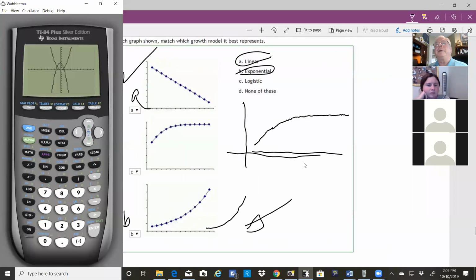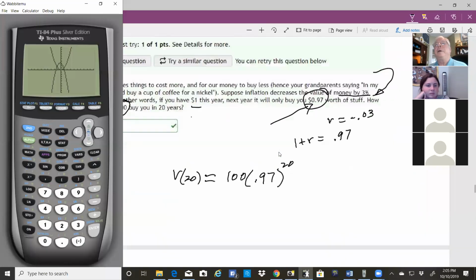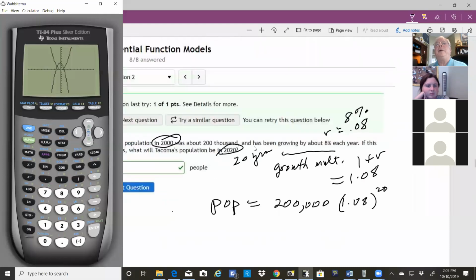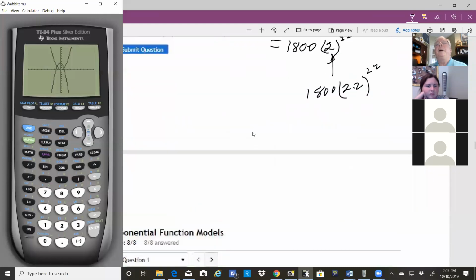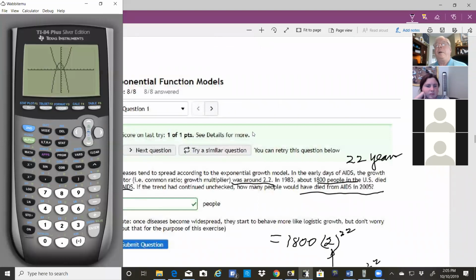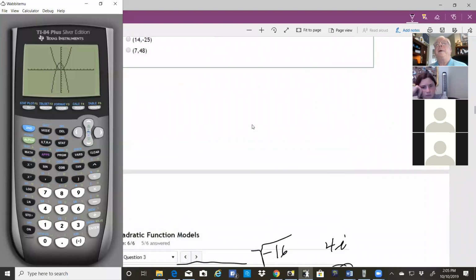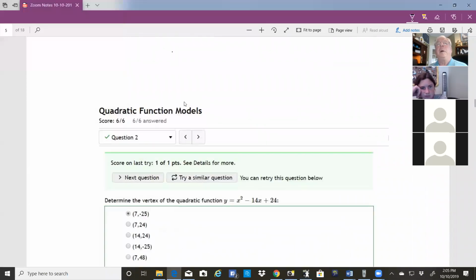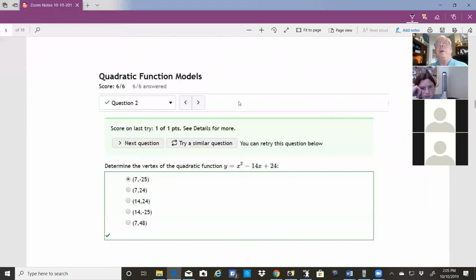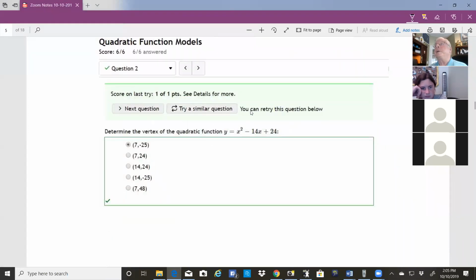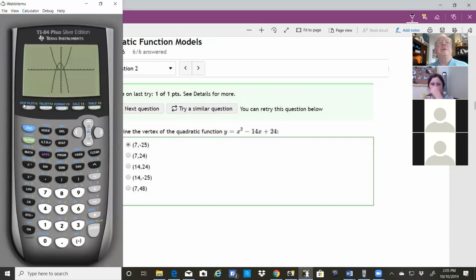While we've got my calculator out, I need to go way back here. We were asked to find the vertex of x squared minus 14x plus 24. Let's put that in the calculator. Of course, this is not required.